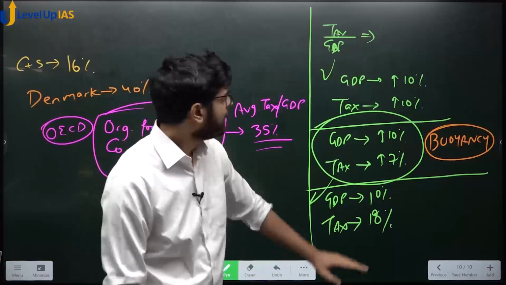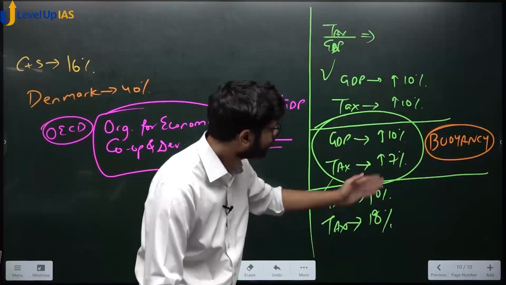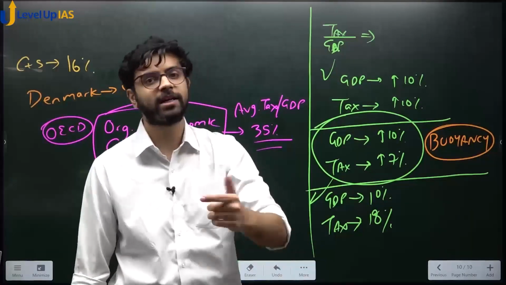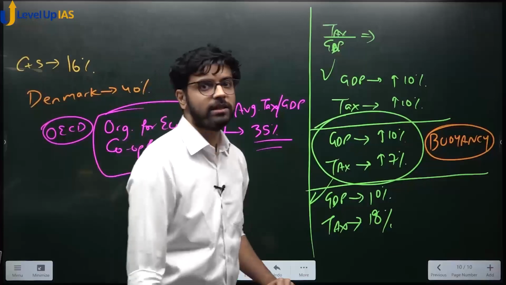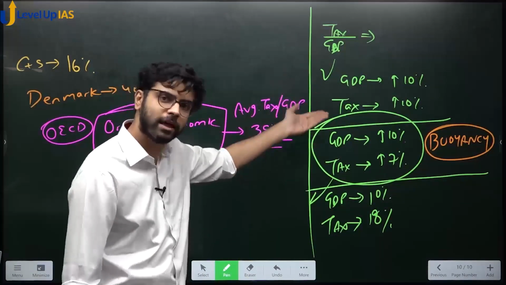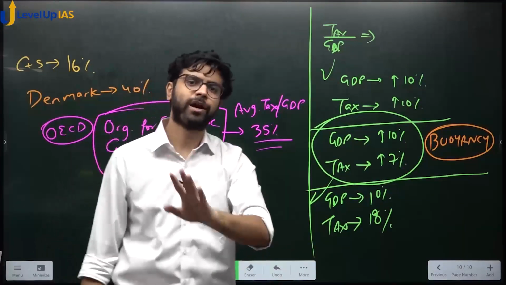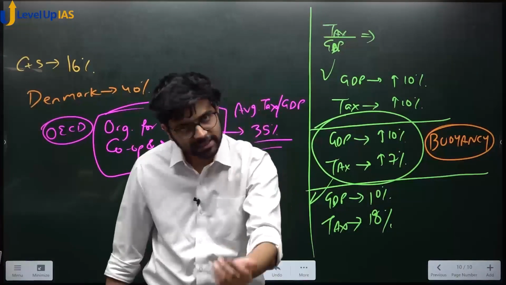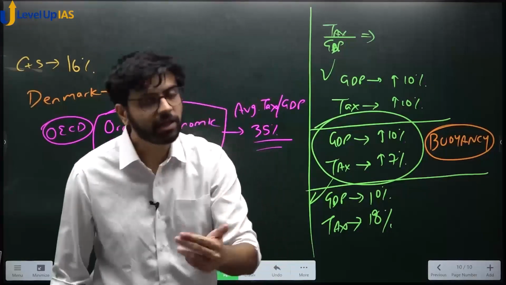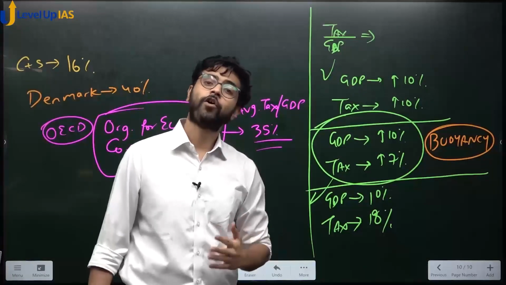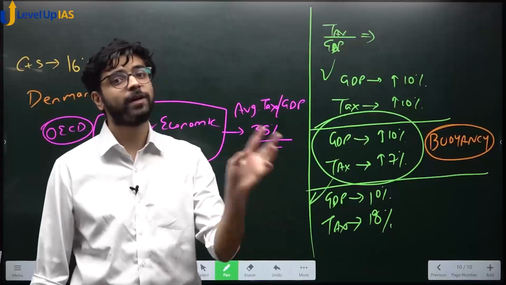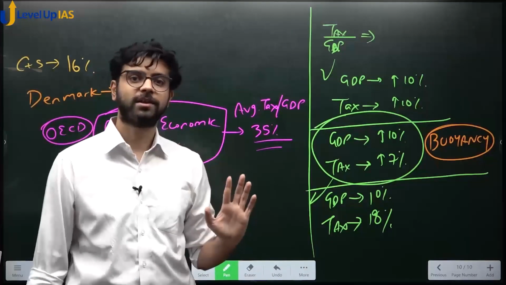Pay attention, if tax is increasing more than in proportion compared to the increase in GDP, tax is highly buoyant. Tax buoyancy is higher. If tax is increasing less than in proportion compared to the increase in GDP, tax is less buoyant, not buoyant. Tax buoyancy is less. So what do we want? Tax buoyancy to be higher or tax buoyancy to be lower? We want it to be as high as possible. So if GDP increases by 1 percentage point and tax increases by 2%, tax is buoyant.